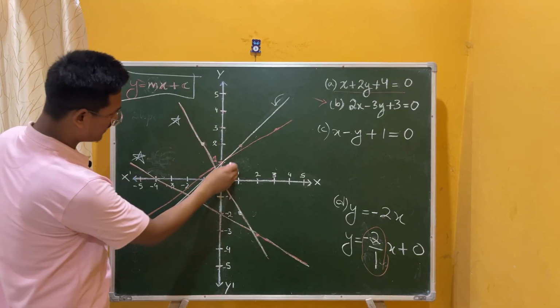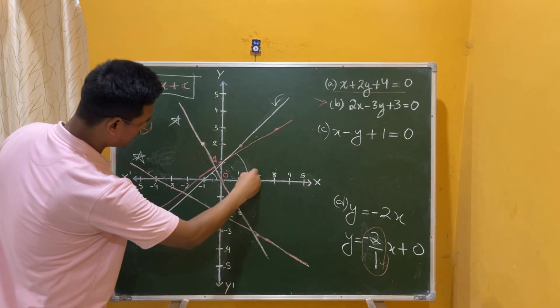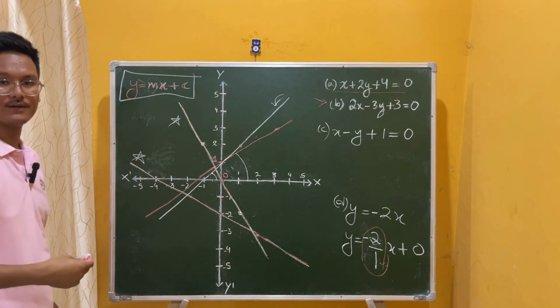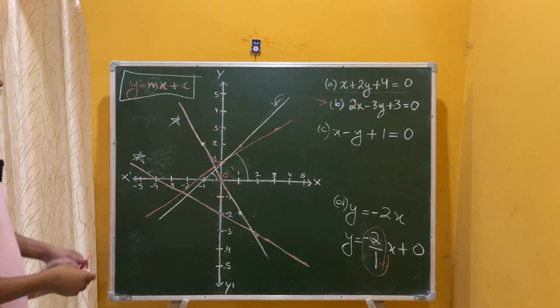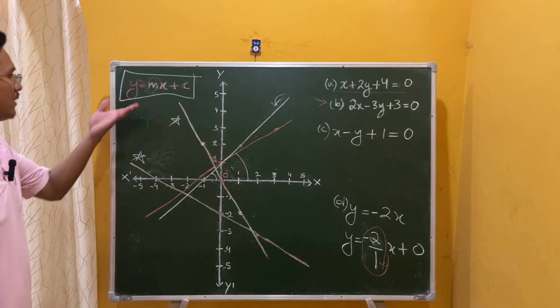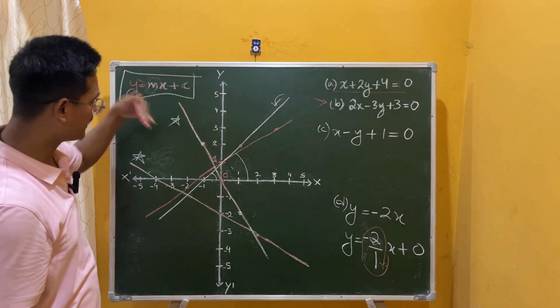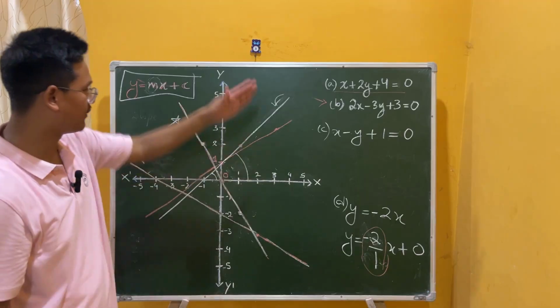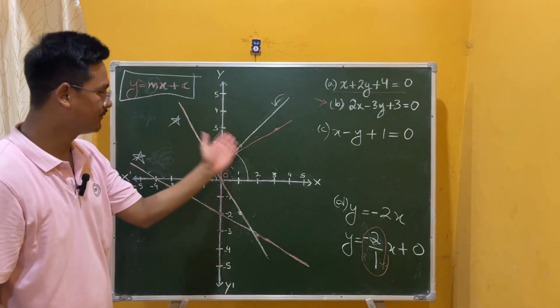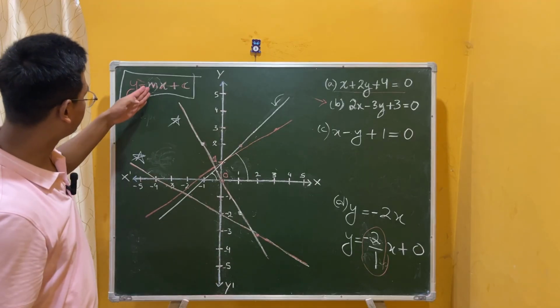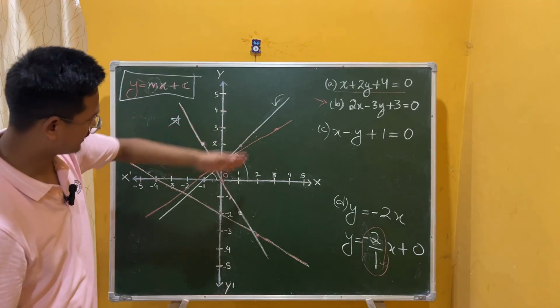This one is acute, this pink, and this x-axis. This one is also less than 90 degrees. So m, the slope of the line, also describes how the line is going to be oriented, whether in this direction or this direction. If it is negative, it will be in this direction, and if it is positive, it will be in this direction.